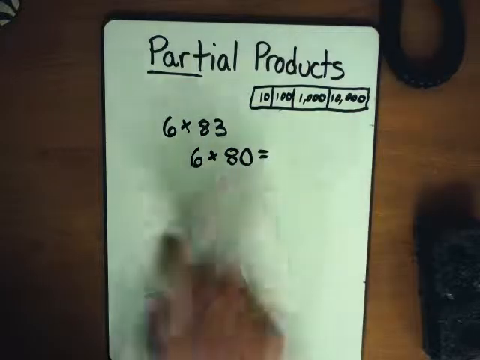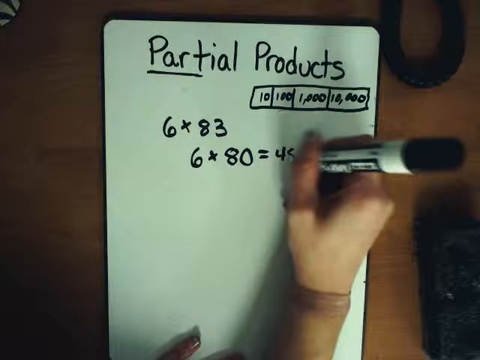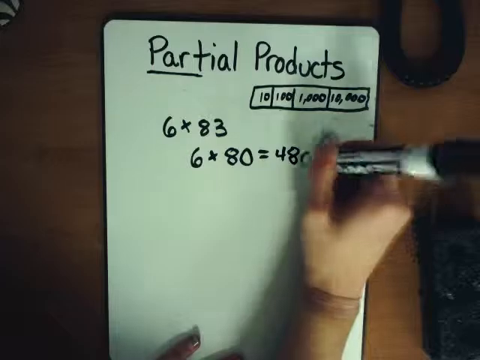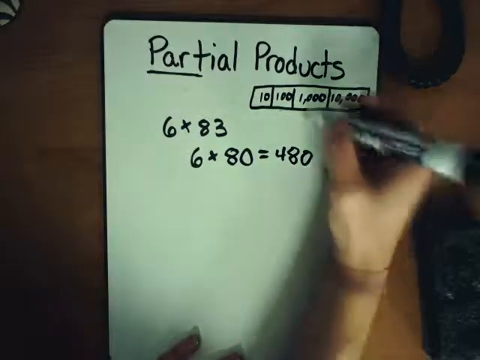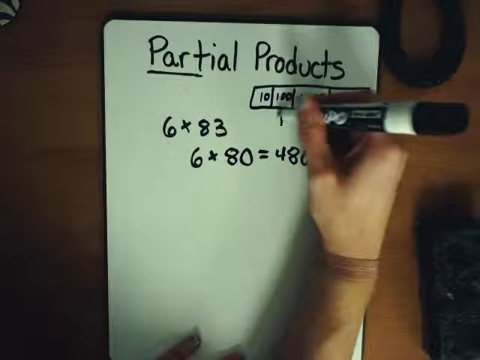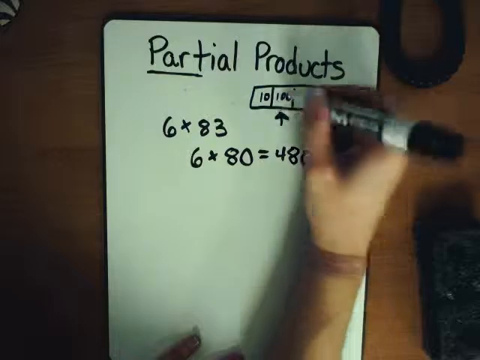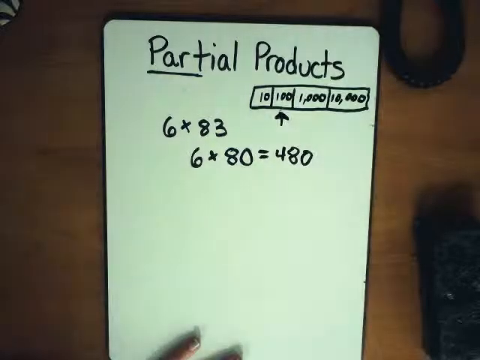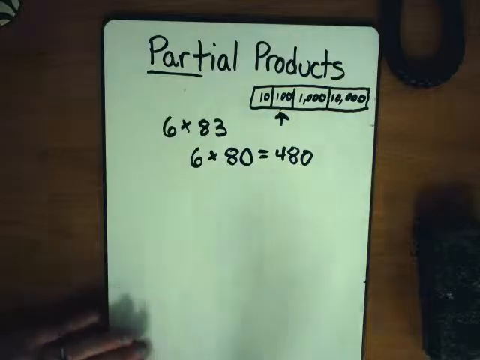Now I know 6 times 8 is 48, and then times 10, 480. So I'm going to put my marker, I would circle this if it was on paper, and I'm looking at the hundreds column.